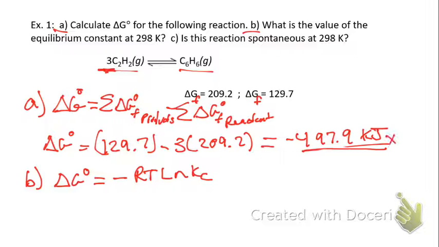Need to multiply this by 1,000 to get it in joules, right? So that would leave us with a negative 4979 joules is equal to negative R, which is 8.31 joules per mole Kelvin.